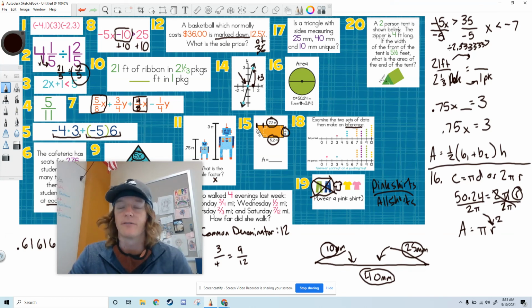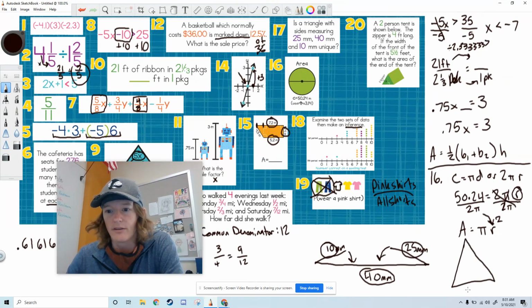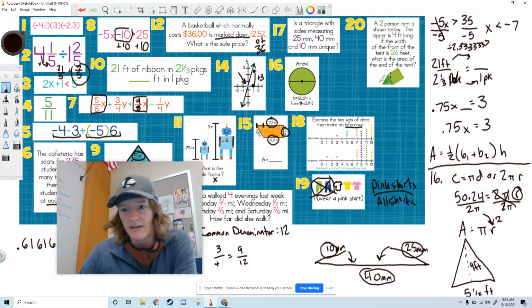Number 20, if a two-person tent is shown below, the zipper is 4 feet long. If the width of the front of the tent is, so we have a triangle here, if the width is 5.5 feet, and the zipper here is 4 feet, what is the area of the end of the tent? Just the end here.